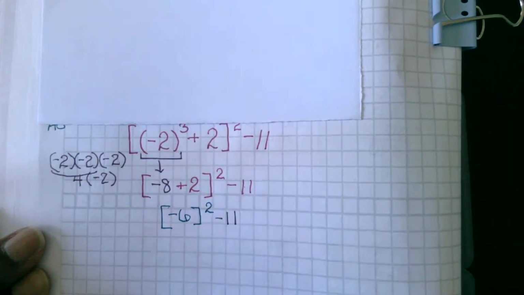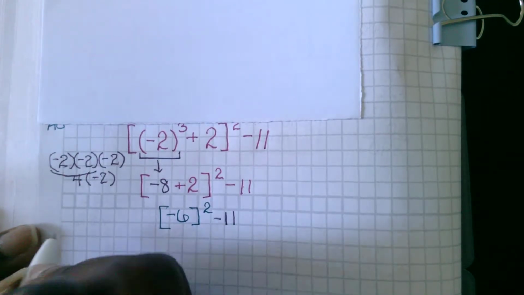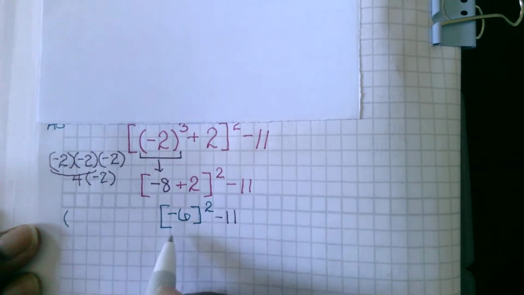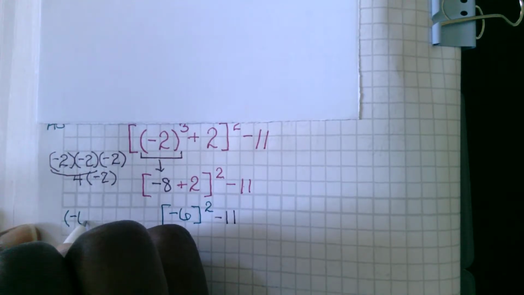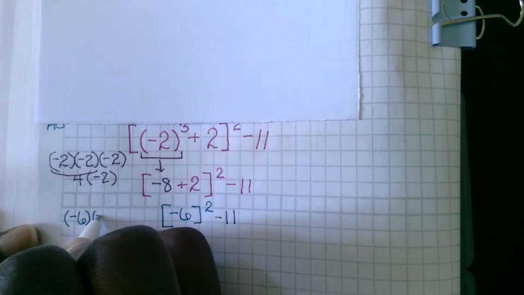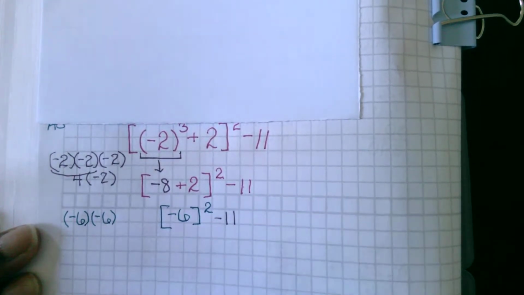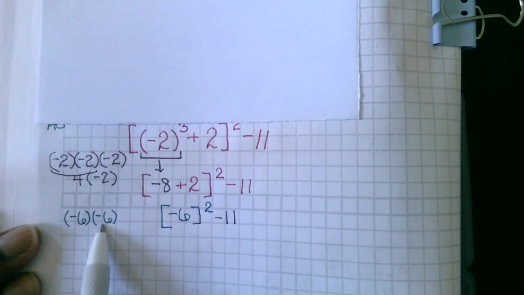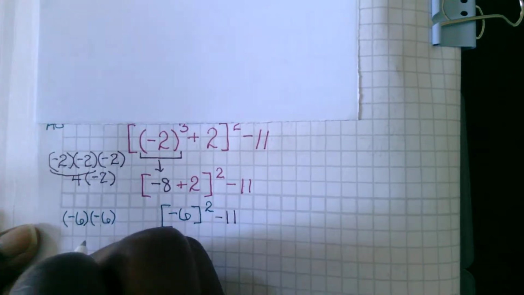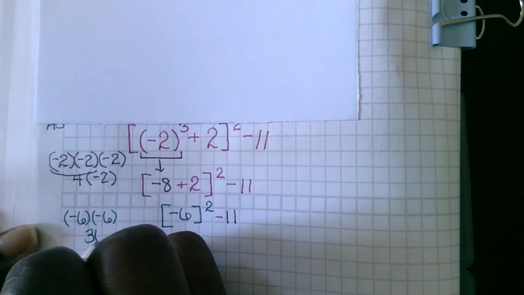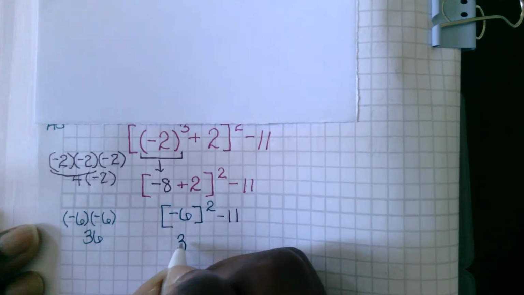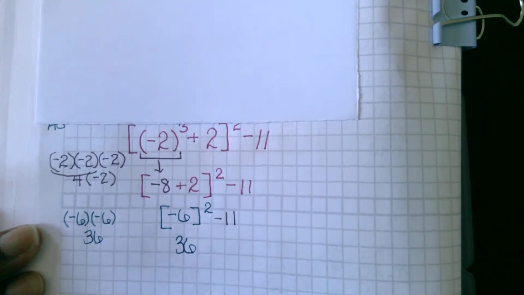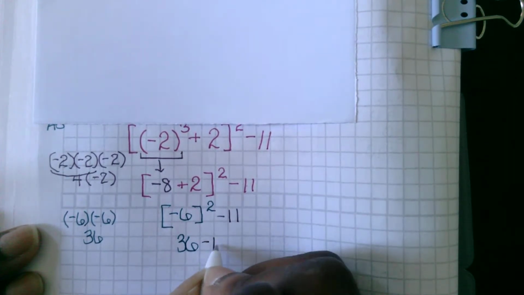So -6 squared, similar to what we were talking about earlier. Even though it's inside of a bracket, it's still the same thing. I'm taking that base of -6 and multiplying it to itself 2 times. So negative times a negative gives me a +36. Now we have 36, and we're going to bring down my -11.